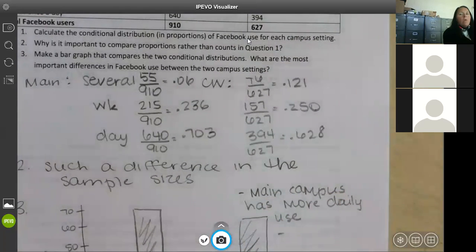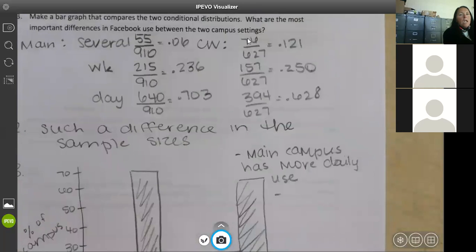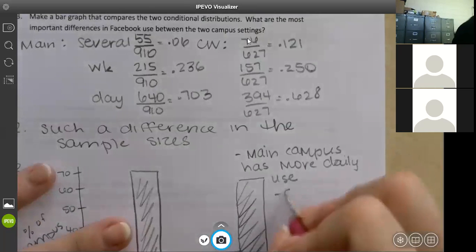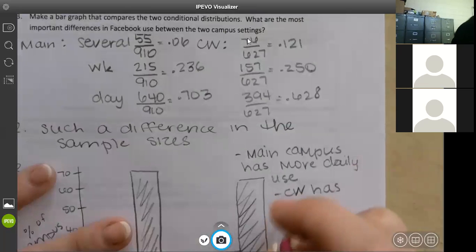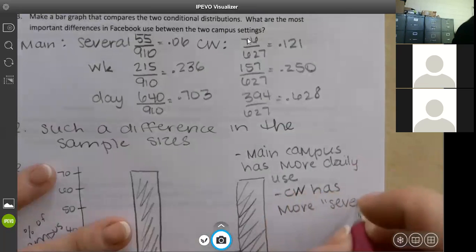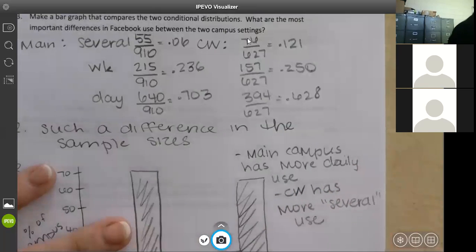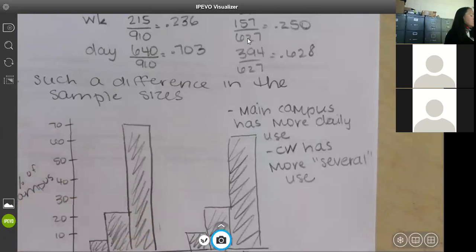Okay. What else? What about Commonwealth? Several times a month or less. Just super class discussion right here. Why do you think that's the case? Why do you think that might be the case?